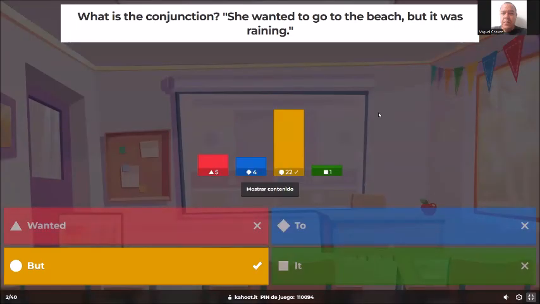Correct. The conjunction is but, because we are contrasting two activities. Congrats.